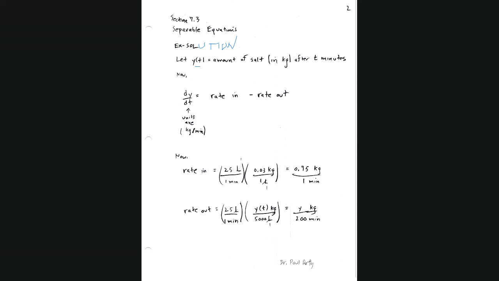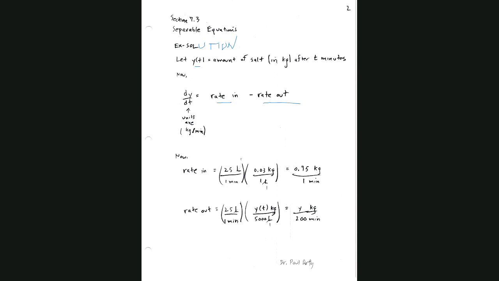So you have this salty brine that's entering the tank, and then the solution is mixed. As the brine comes into the tank, the solution's mixed, and then the solution drains from the tank at the same rate. So this dy/dt is going to be based on the difference between the rate at which the salt's coming in and the rate at which the salt's going out.